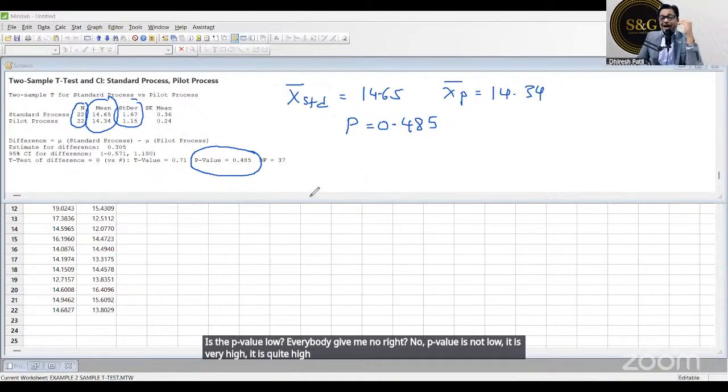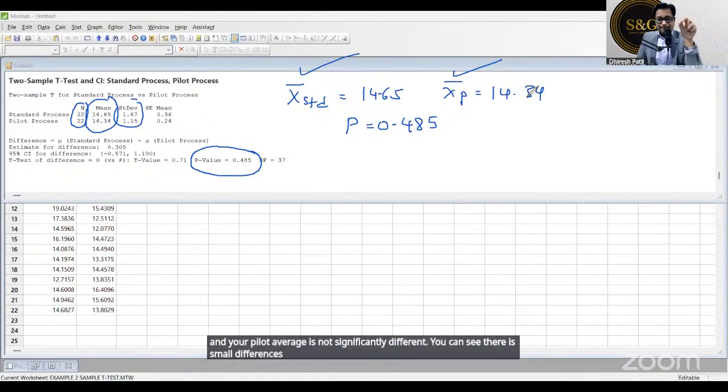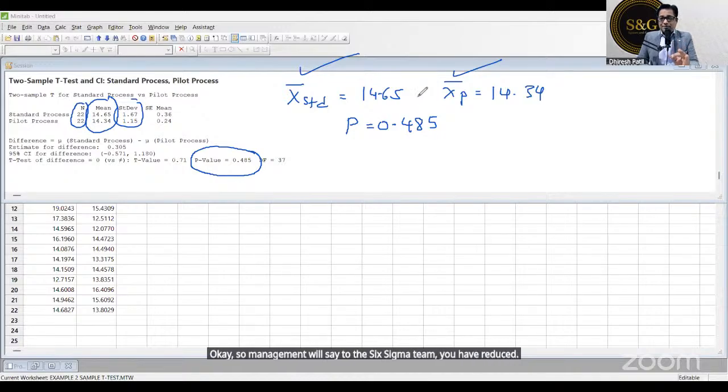So we cannot reject the null hypothesis. So we have to say the standard average and your pilot average are not significantly different. You can see there is a small difference. Management will say to the Six Sigma team, you have reduced the lead time fractionally, maybe 0.3, but that is not significant.